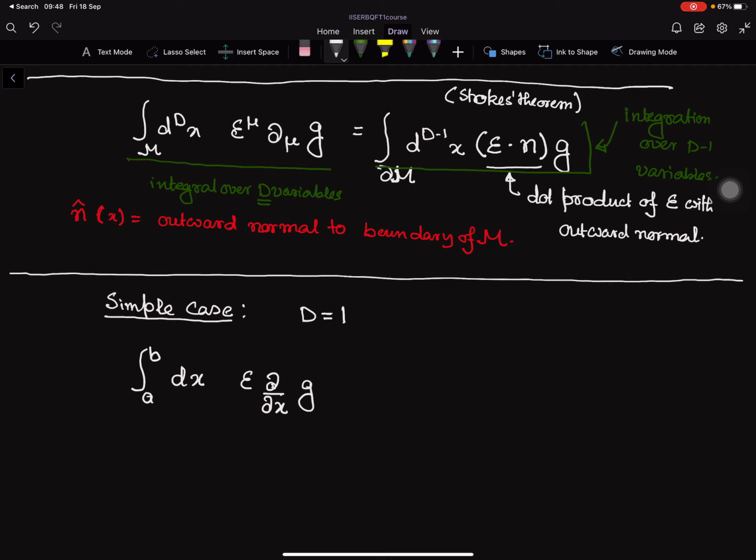Then you already know the right hand side, because this is what we do all the time in definite integrals of a single variable. In this case, dx is just an interval.